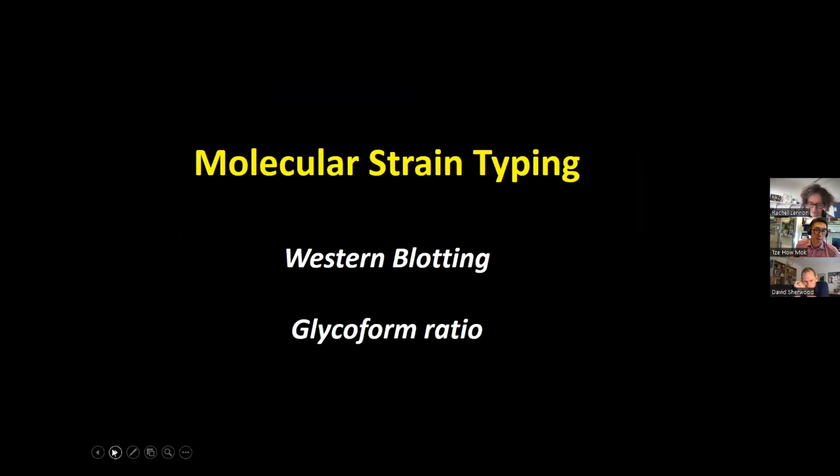The next thing that gives us a lot of information about prion disease is molecular strain typing, and we employ two techniques which are interrelated. One is Western blotting and the glycoform ratio.